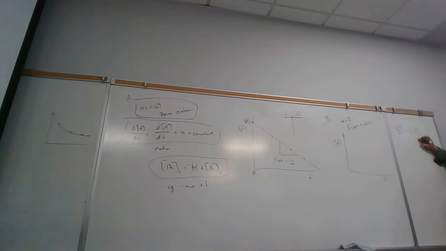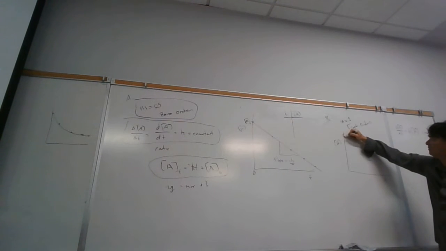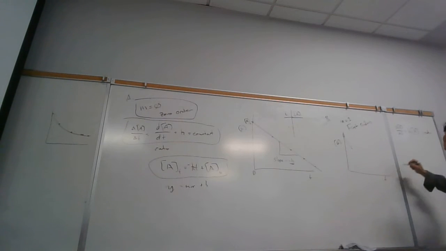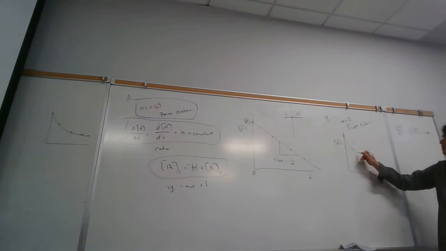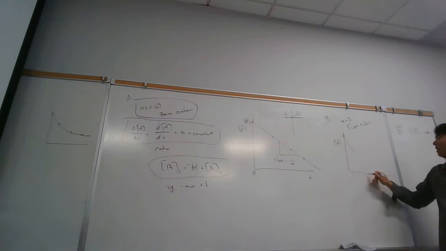If I cut A in half, then it's one half to the first power, and that means the rate is going to be cut in half. And if the rate's cut in half, then it's going to be slower. It's going to be a curve. And then if I cut it in half again, the rate gets cut in half again.